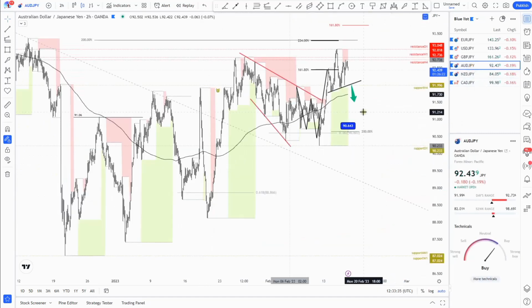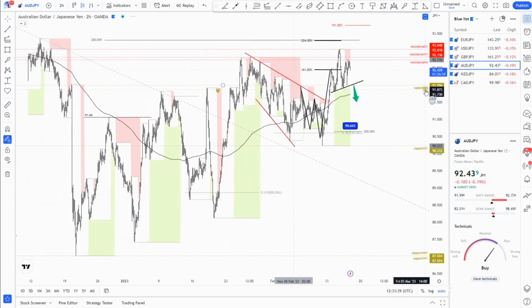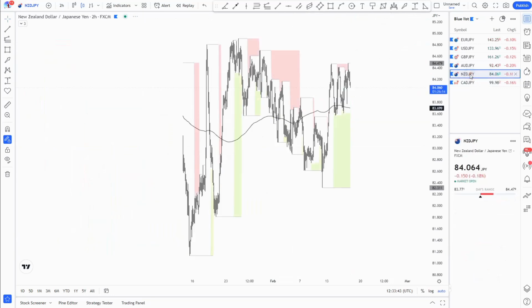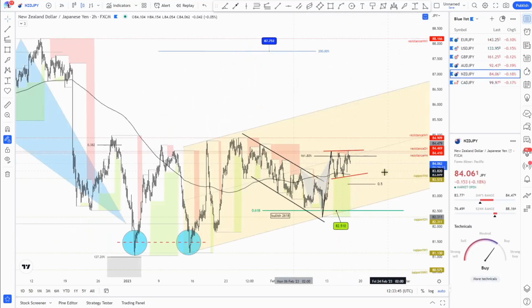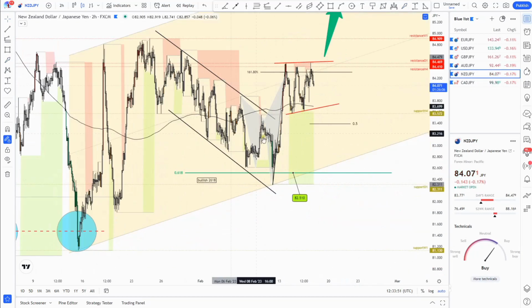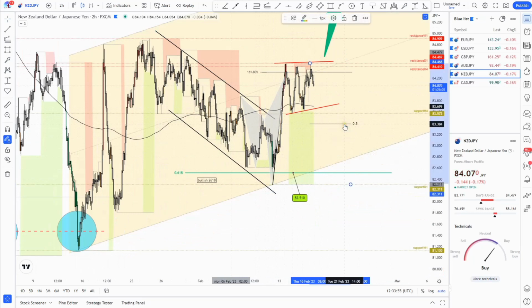Aussie versus the yen, as I said, it may unfold into this head and shoulders pattern formation. Wait for the violation of the support. The New Zealand versus the yen, also inside this flag pattern, which may suggest a move to the upside after breaking above, but at the same point we have that bearish shark pattern uncompleted, which targets the 50% fib at 83.37. Pay attention also to that move.